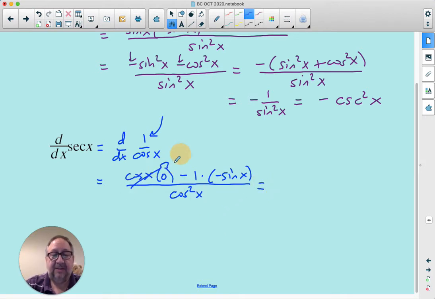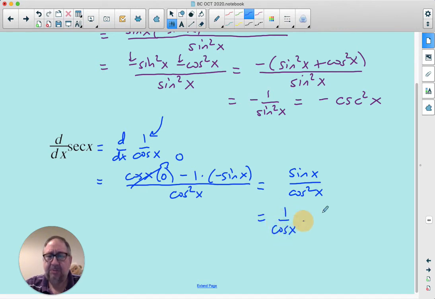Simplifying, we get a big 0, but then plus sine, so this becomes sine x over cosine squared x. And there are many ways we could write it. We could leave it, we could change it around. I'm going to rewrite this as 1 over cosine multiplied by sine over cosine.